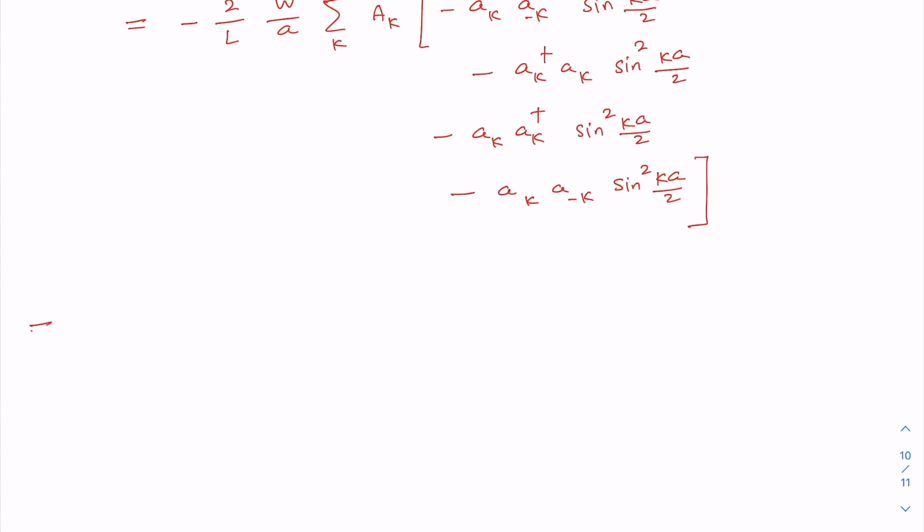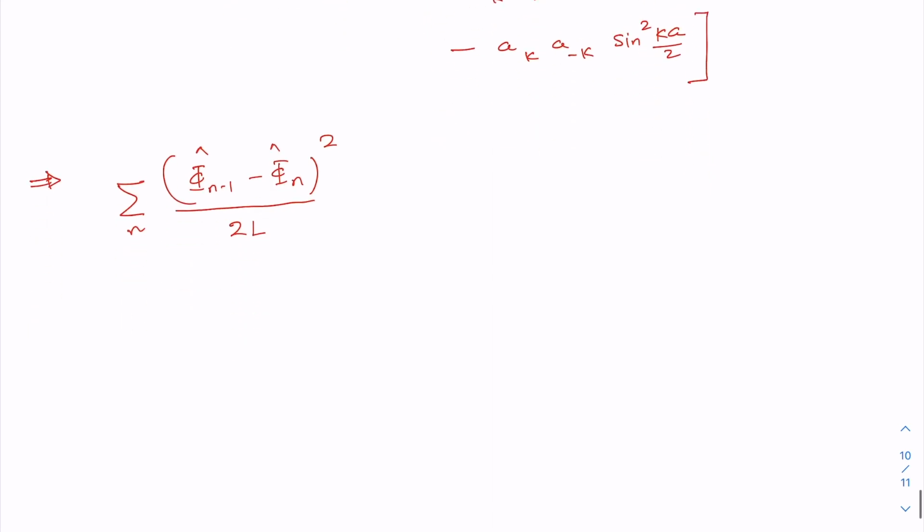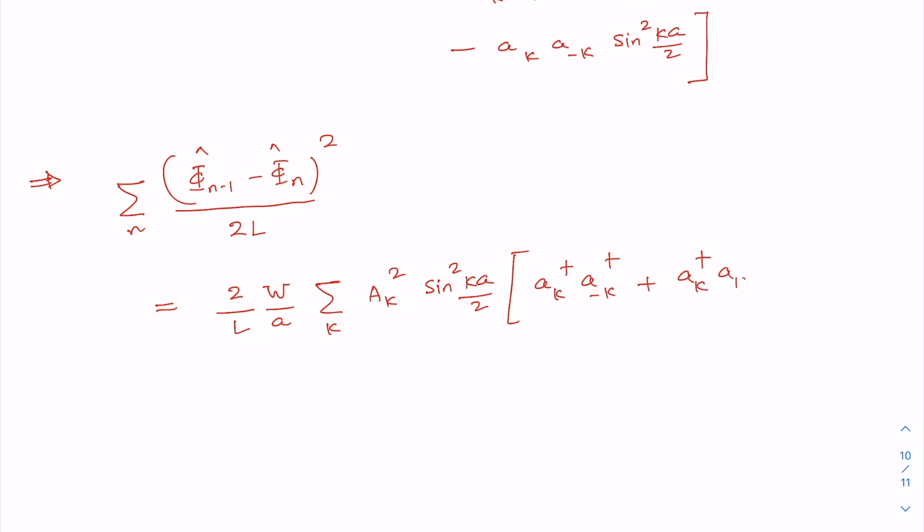So let me therefore finally write that summation over n, phi n minus 1 minus phi n whole square, these are operators, divided by 2l is equal to 2 by l, W by a, sum over k ak square sine square ka by 2, and here in the bracket you will get ak dagger minus a minus k dagger plus ak dagger ak plus ak dagger plus ak a minus k.